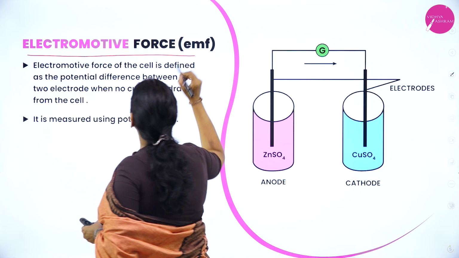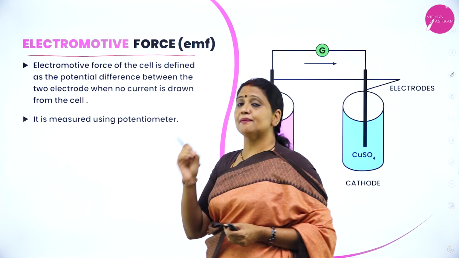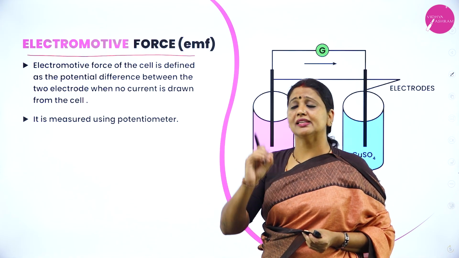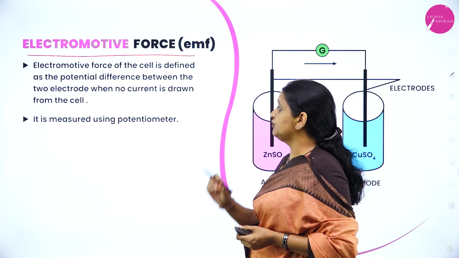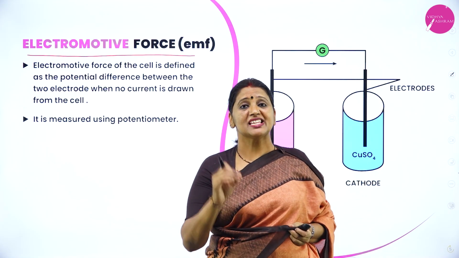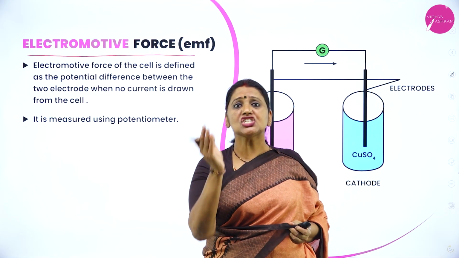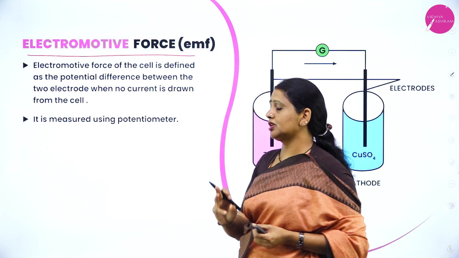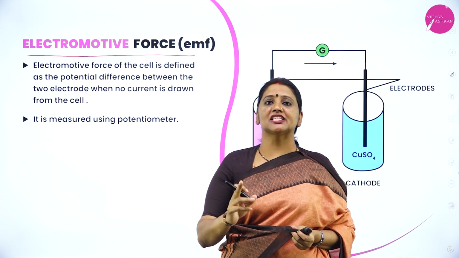So, before studying in depth of this voltaic cell, you have to know about one term, that is electromotive force or EMF. Electromotive force or EMF is defined as the potential difference between two electrodes, one is anode, another one is cathode.